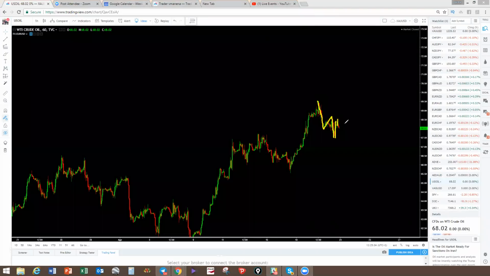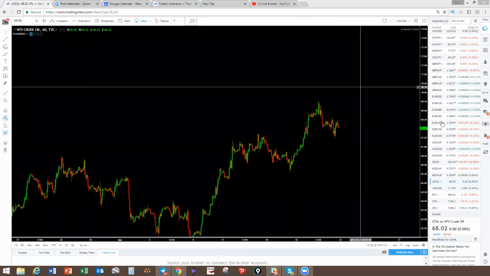We've got an impulse, so this may give us one more push, at least to this level. So we need to see what's going to happen. If it makes this move like that, then that whole thing will be corrective, and that means that correction would have been done and we need to go to the upside. So we need to wait and see what happens when it gets to this level. Get a flag here, take a short trade here to this level. Short term around 69.50, back to the previous high.